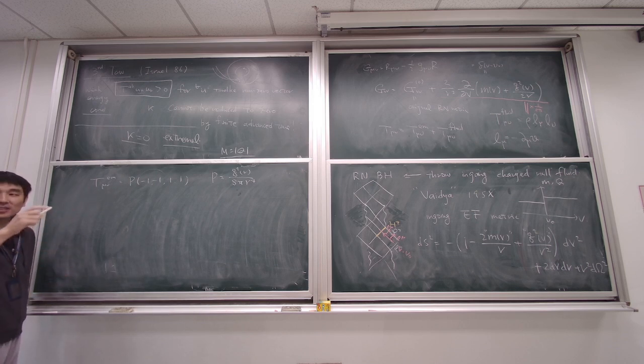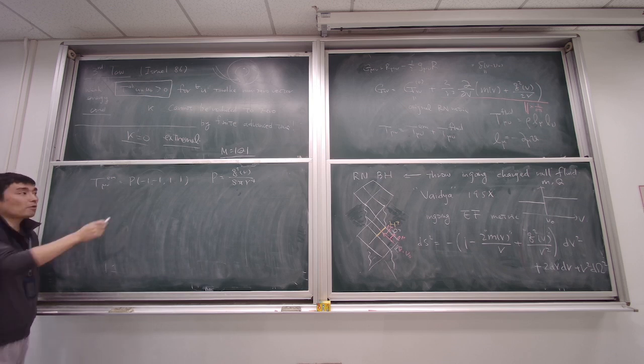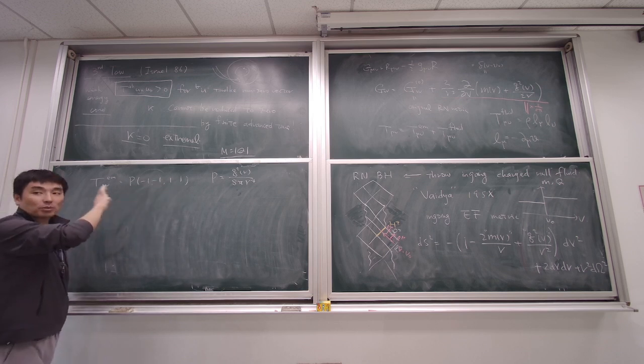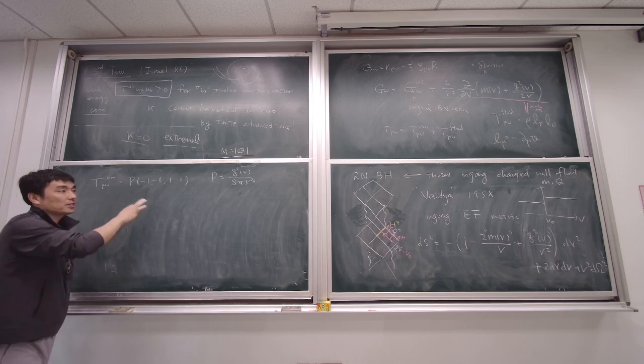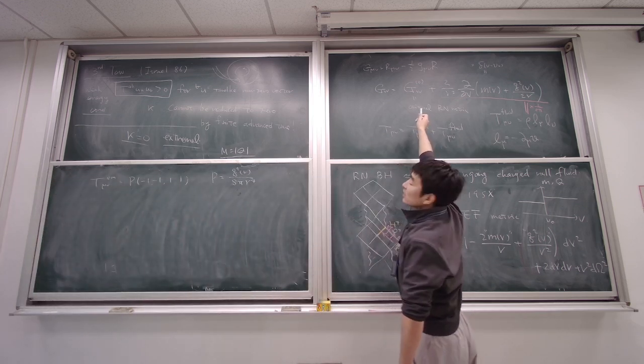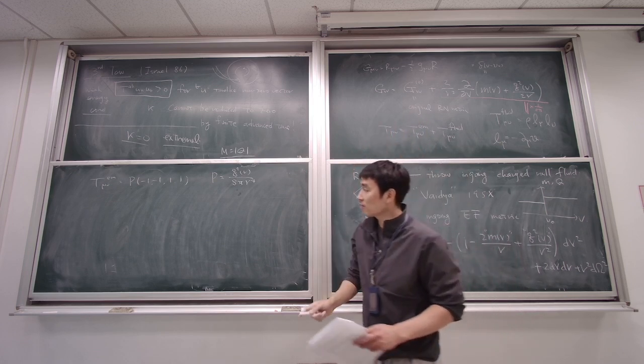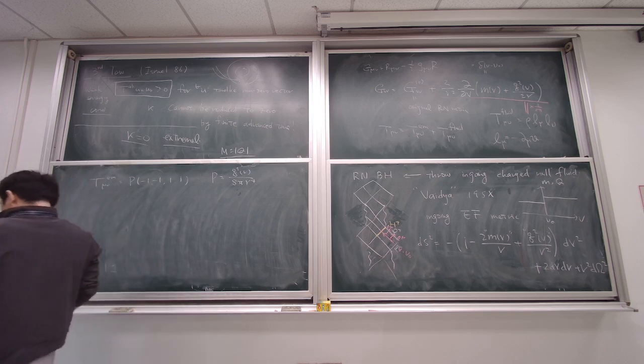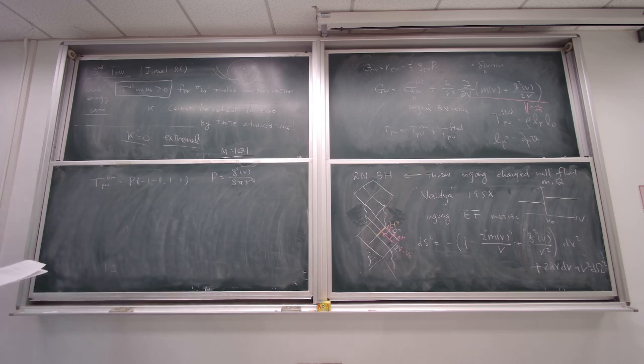The T mu nu for electromagnetic should be traceless, so minus 1, 1, 1 becomes traceless. And P is just the value of this GBV0.